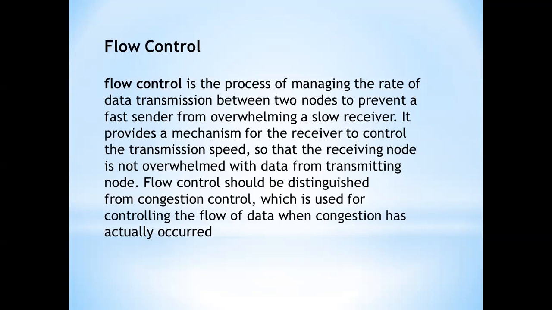It is a set of procedures that tells the sender how much data it can transmit before it must wait for acknowledgement from the receiver. Otherwise, there will be overflow of the data. The data flow should not be so fast that the receiver is overwhelmed.